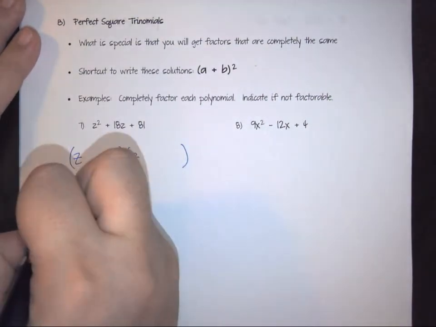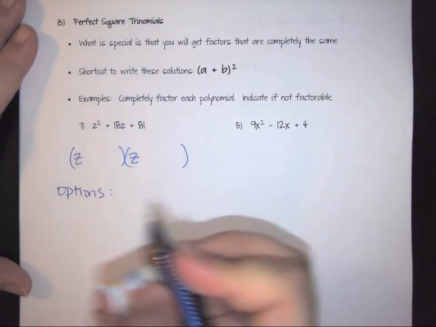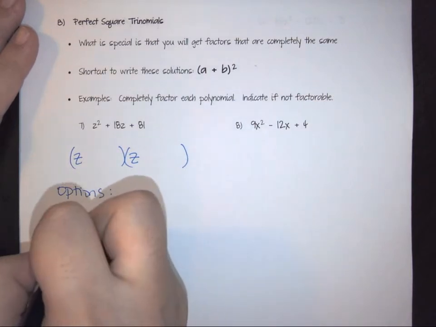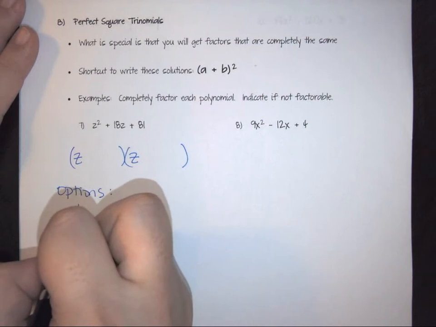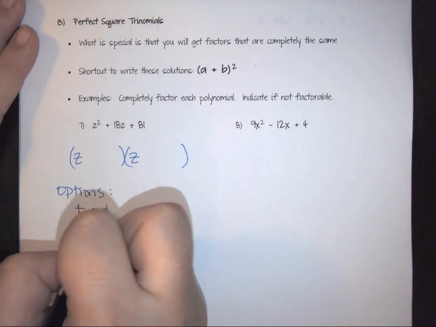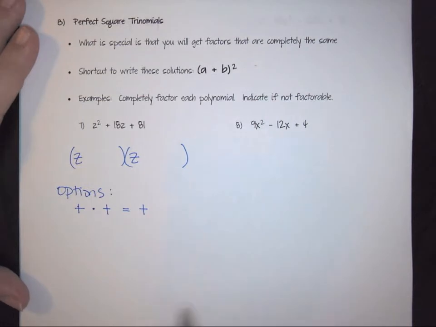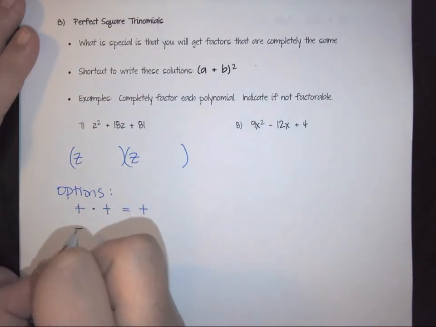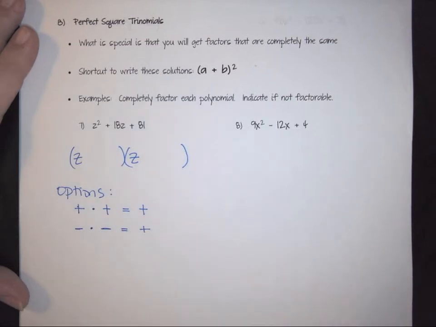And so as a refresher, when we're looking at your options, we have a couple things. If you have a back term that is positive, to get there that means you've got positive times positive to get that positive result. Well, the other option you have is negative times negative gives you that positive result.